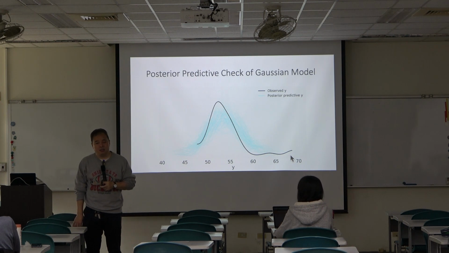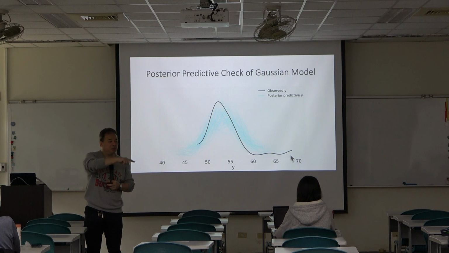We are using a Gaussian model, right? A normal Gaussian. When you have a normal model, it's a bell shape. It always is a bell shape.